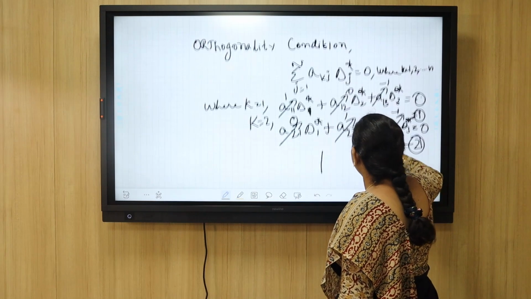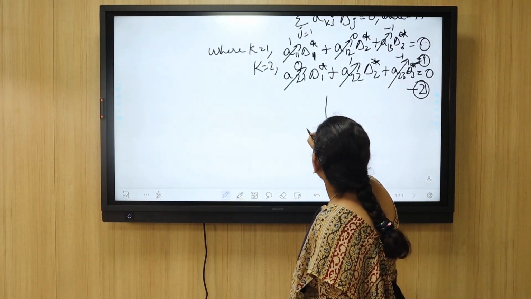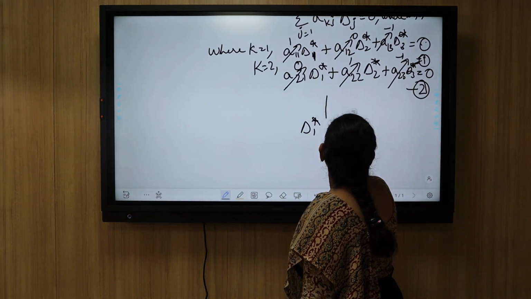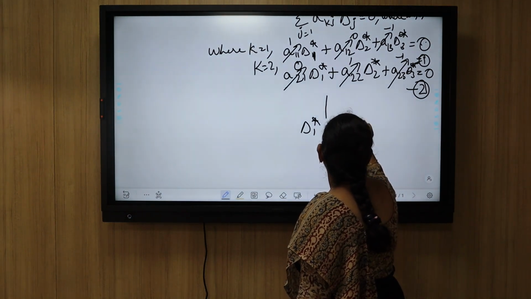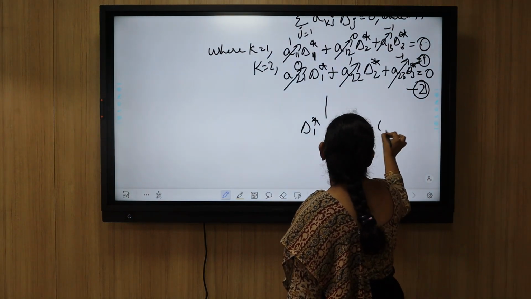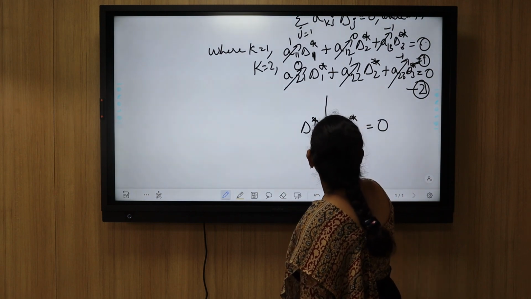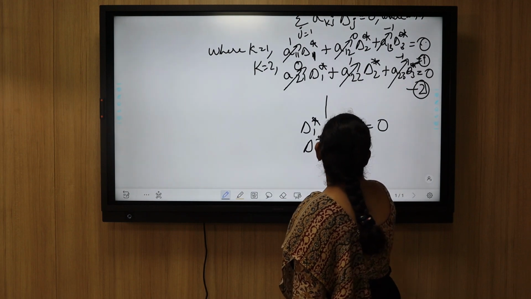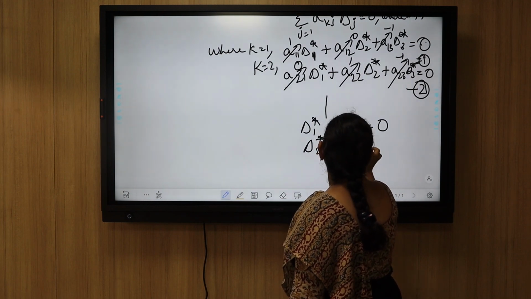So what are the equations you got here? Delta 1 star minus delta 3 star equal to 0. This is one equation. And another one is delta 2 star minus delta 3 star equal to 0.